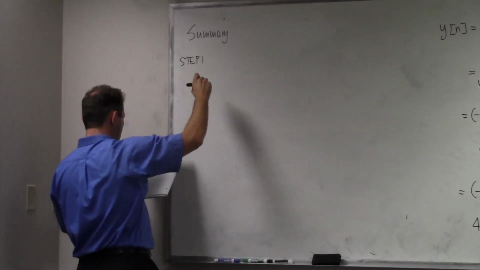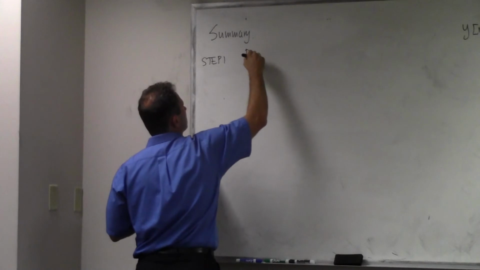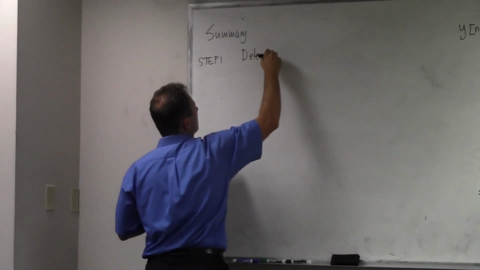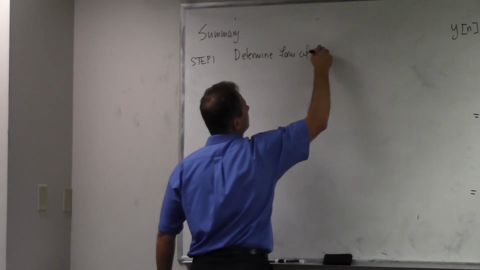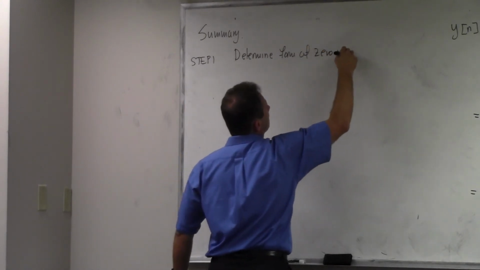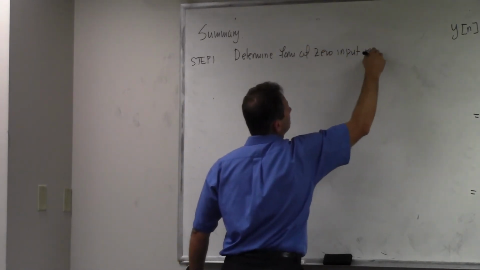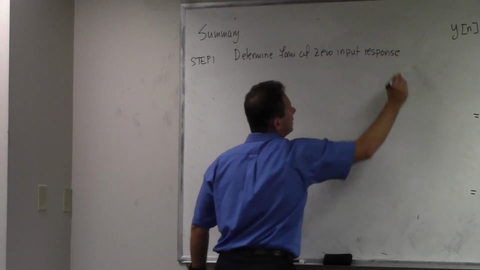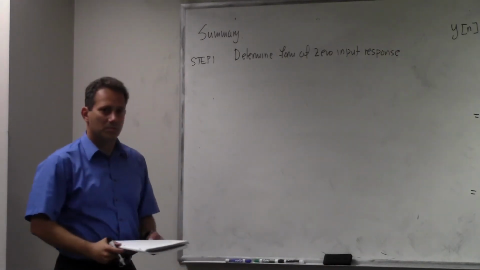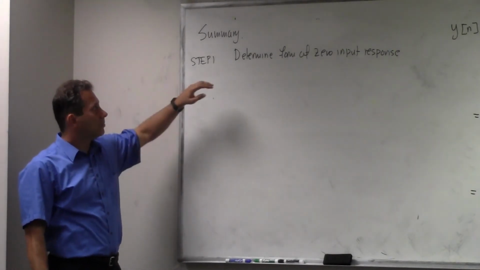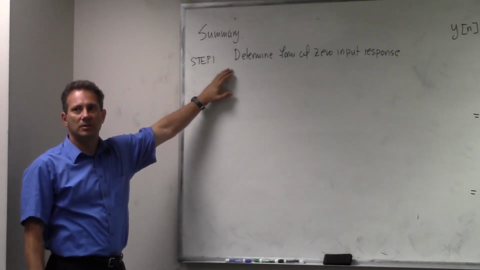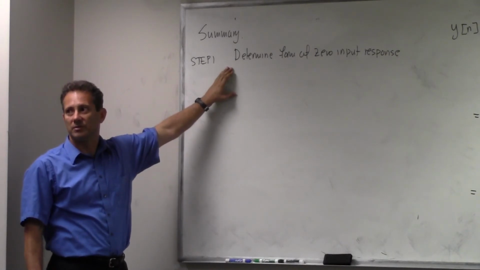Step 1, determine the form of the zero input response. Now, I don't know if you noticed, but this is an important point here. At this point, all you can do is determine the form of a zero input response.